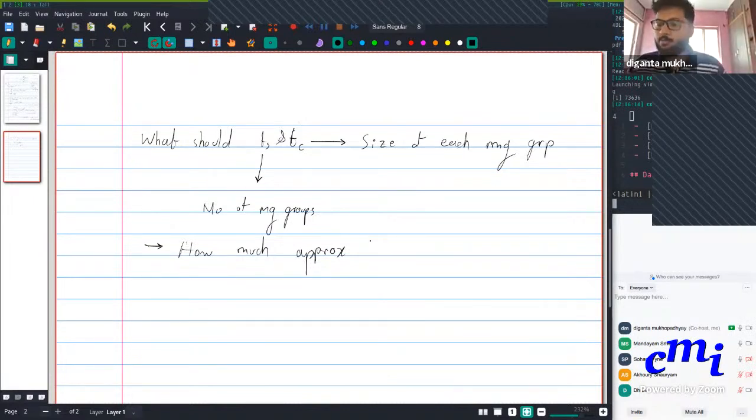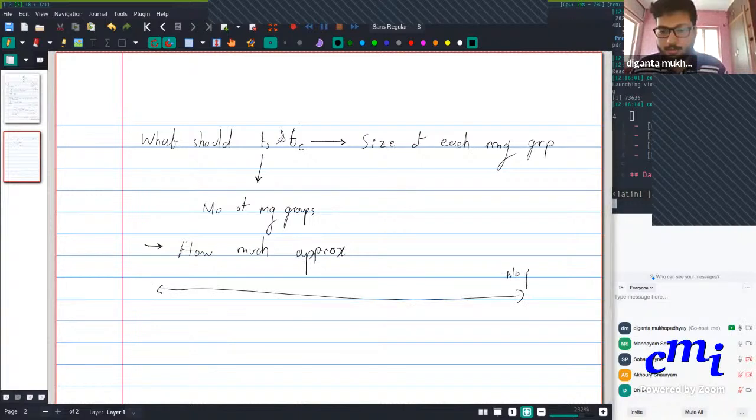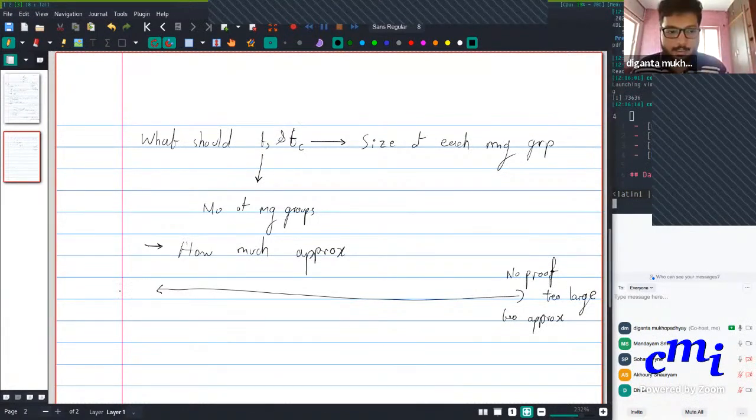So basically you have this sort of a spectrum. Over here, we have no proof because this is too approximate, and TS and TC will be too large. And similarly, here TS and TC can be too small and it takes too long because it is too exact.